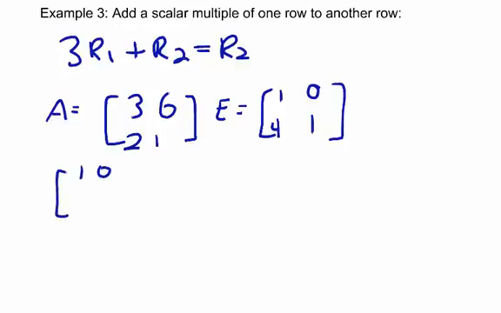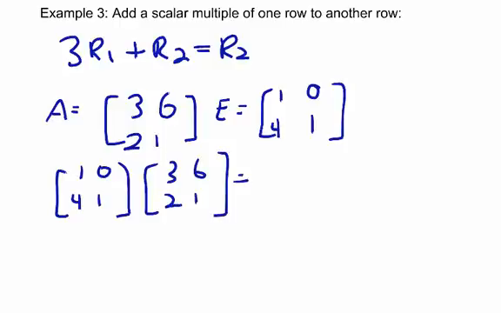So multiplying together matrix E times matrix A, we end up with the following result: a 2 by 2 matrix with first row 3 and 6, second row 14, 25.